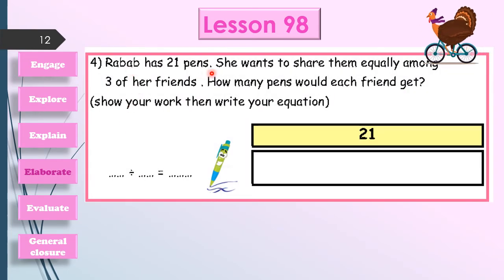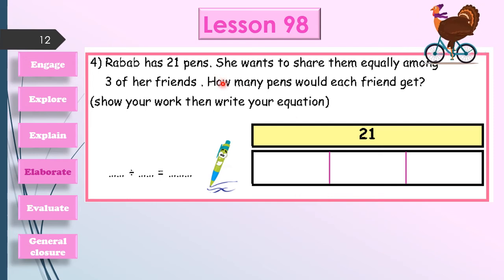Now let's go to number 4. Rabab has 21 pens. The whole number will be 21. She wants to share them equally among 3 of her friends. 21 divided into 3 friends. Okay, then I will divide this fraction strip into 3 parts like this.